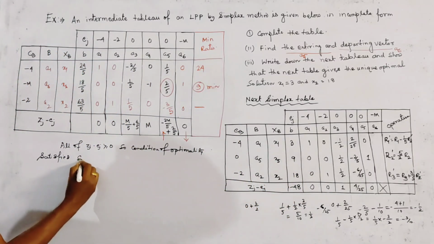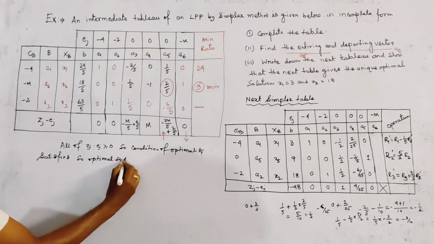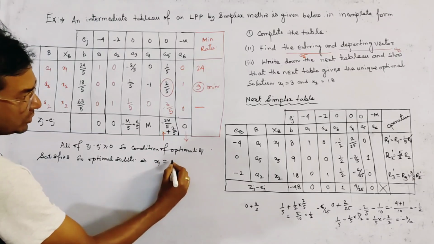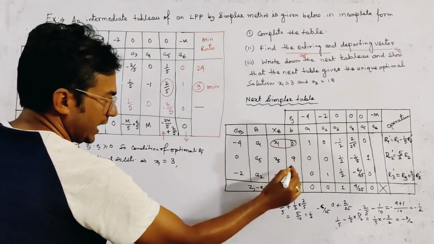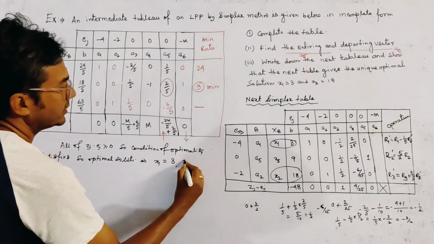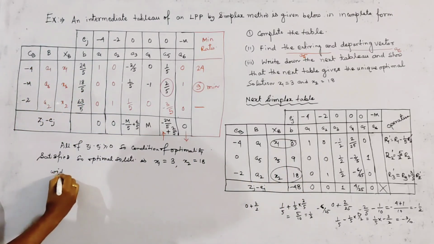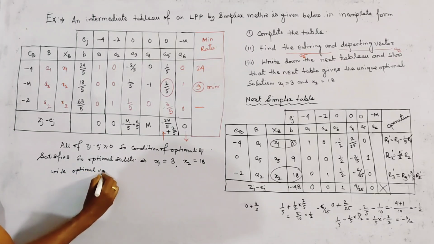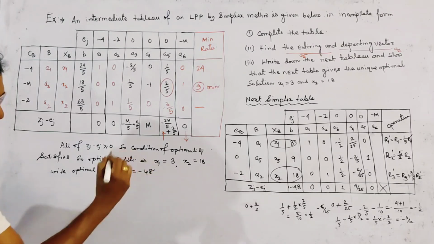And so the optimal solution is x1 equal to 3 and x2 equal to 18, with optimal value of z equal to minus 48.